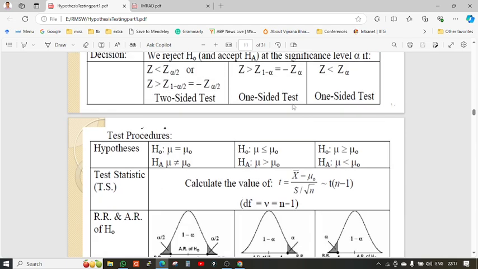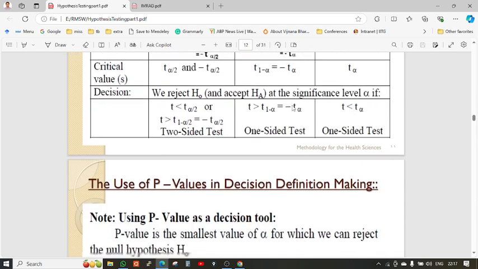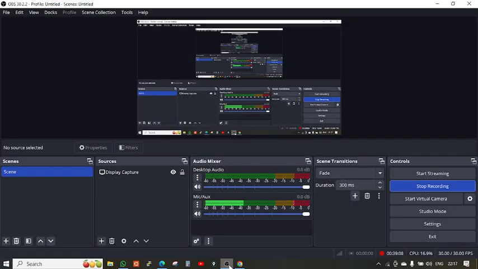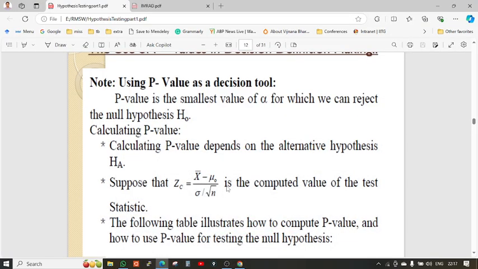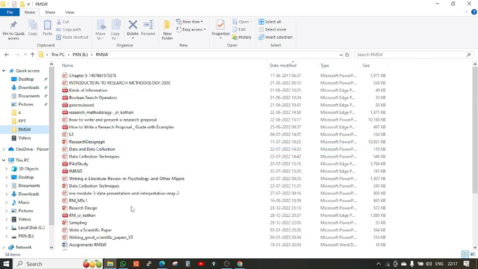Like that you have to test, whether Z test or T test. According to the value of P, we have to calculate this, whether it is positively or negatively distributed. So let's discuss again the previous thing. What is it?